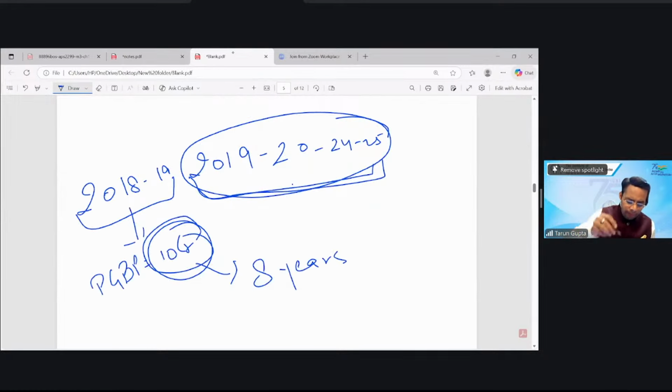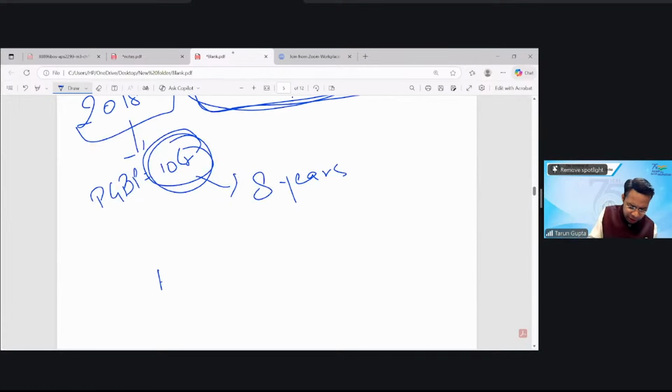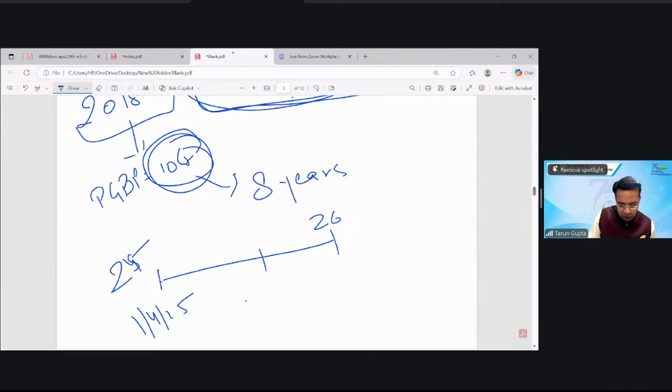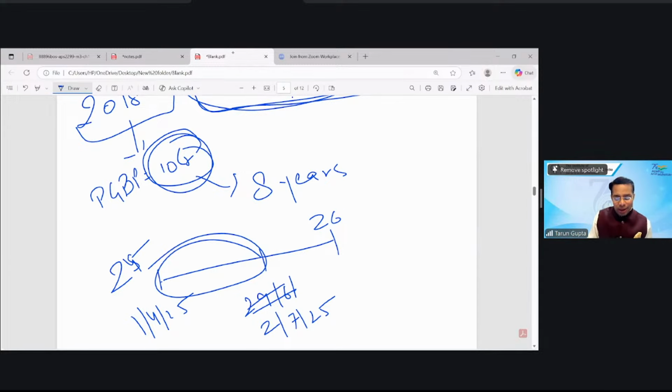Okay, one more thing. It says that for the current year, 25-26, or I would say 1st April 25 till 29th June, or rather 2nd July 25, this is also part of the block period.